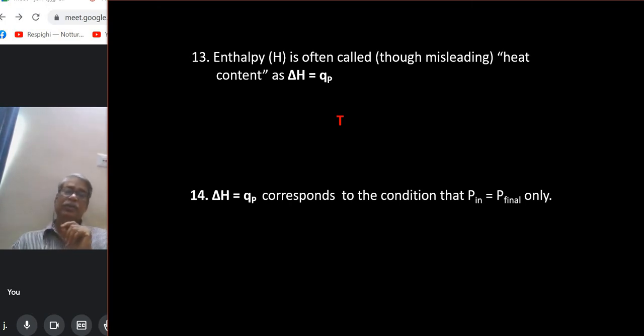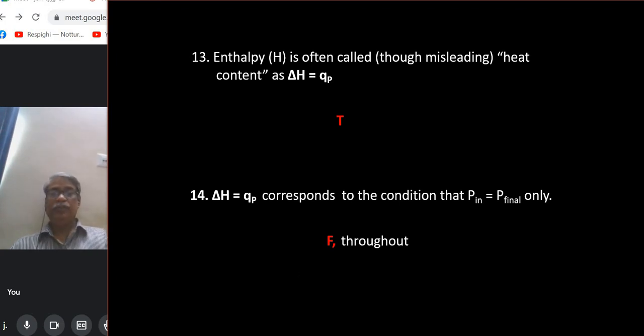So delta H is 0, but if it is equal to QP, then QP must be 0, and you cannot be sure because QP is not a state function. Even in a cyclic process, QP may or may not be 0, but delta H must be 0. So it is not necessarily true, right? So it's a false statement.